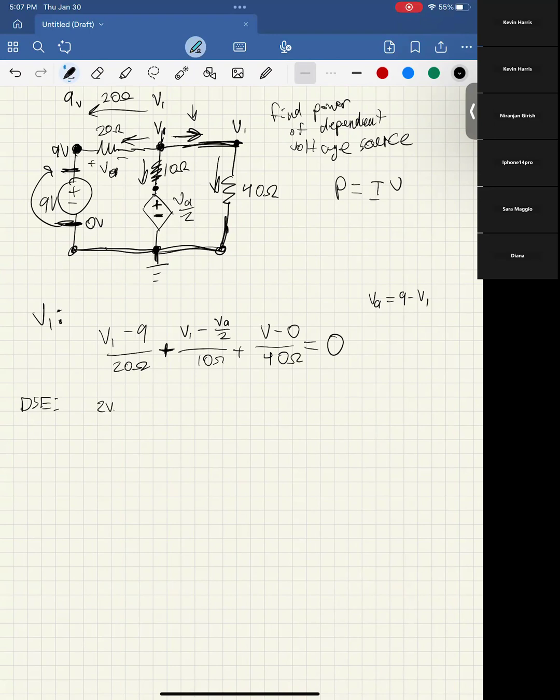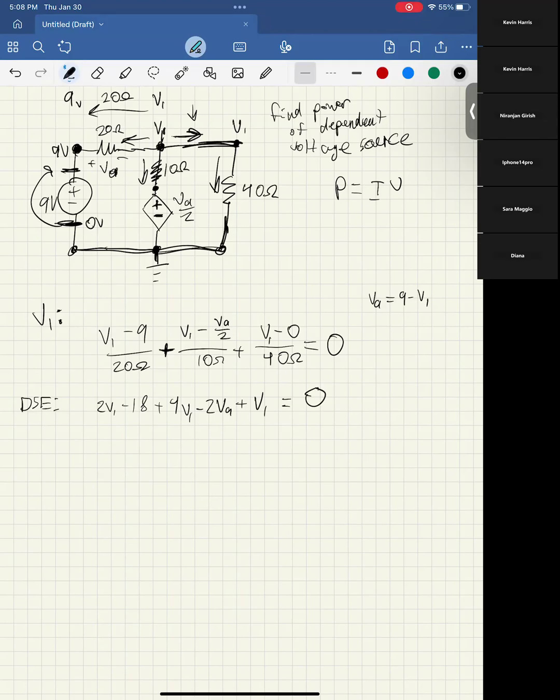So we get 2V2, this will be minus 18 plus 4. Oh, I don't know why I wrote V2. There's only one voltage here. 2V1 minus 18, 4V1 minus, this is going to be times 4, so it's now just 2VA, I believe. And then plus V1 equals 0. Please correct me if I'm doing anything wrong.